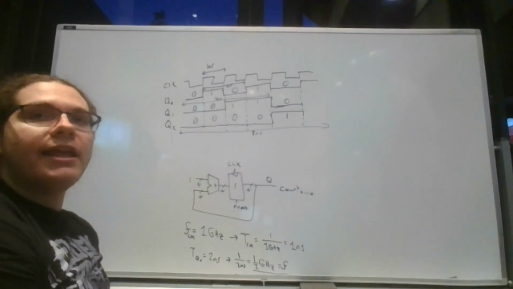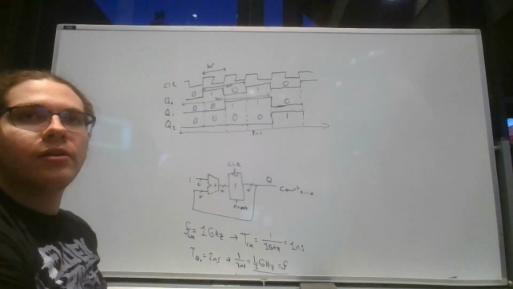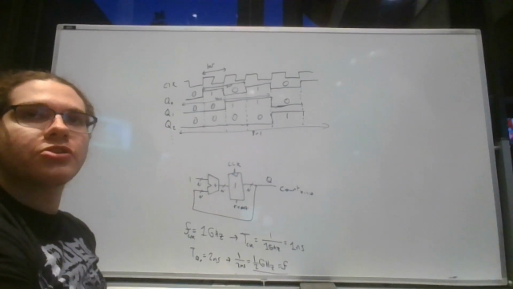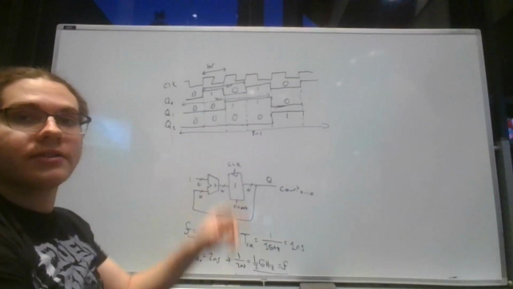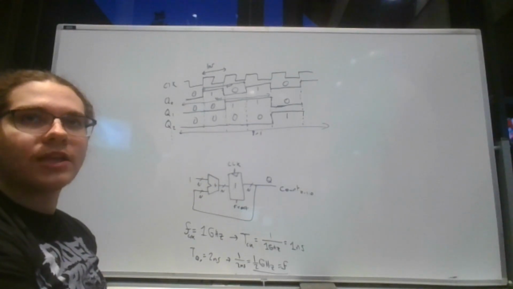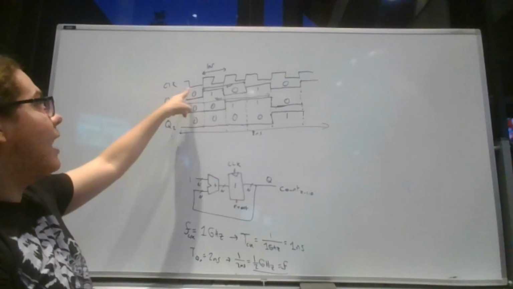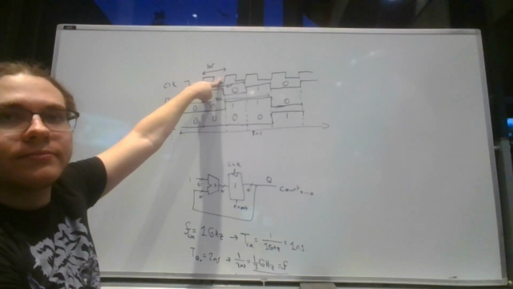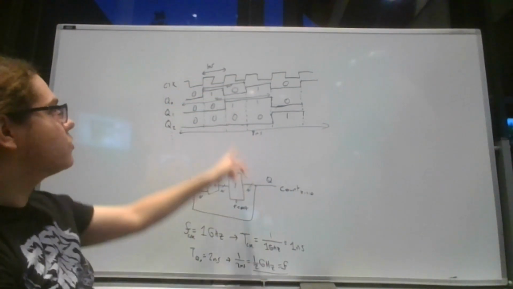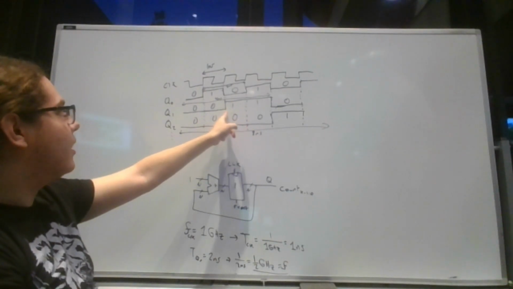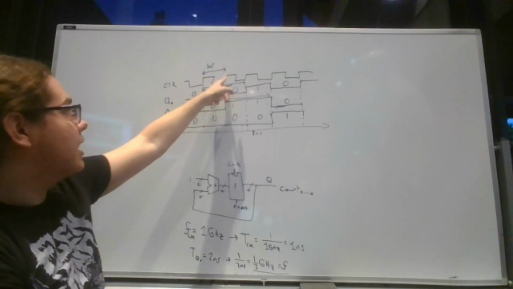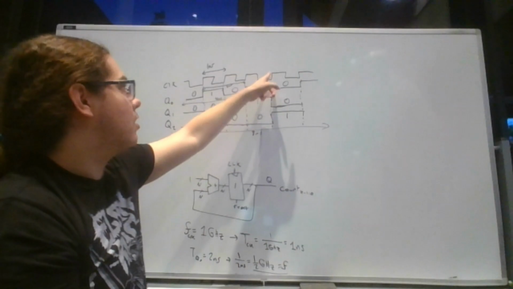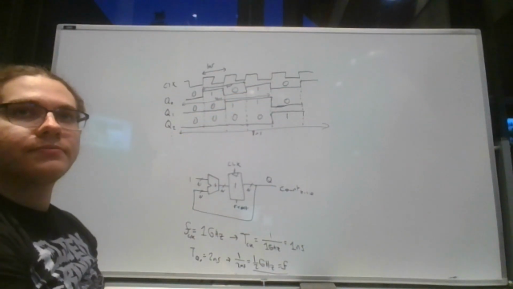So in other words, if you have a very, very fast clock, you can derive a much slower clock that's still synchronous to this one. And when I say synchronous, I mean that edges on the derived clock align with edges from the original clock. So for example, on this guy, qubit 1, that edge aligns with one of the clock edges, and this edge also aligns with one of the clock edges.